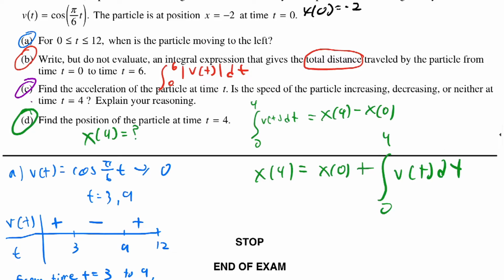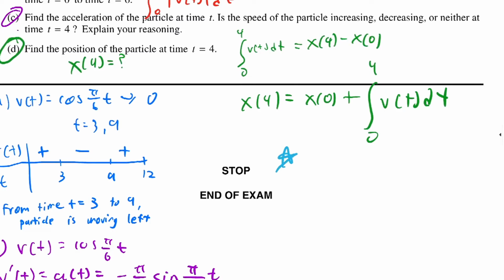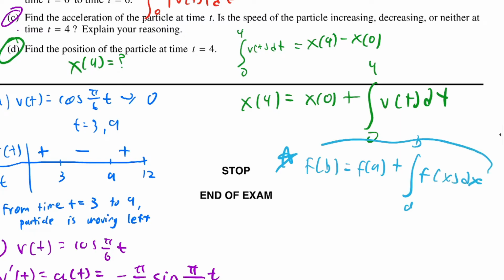And just on a side note, recall that f of b is equal to f of a plus the integral from a to b of f prime of x dx. This is FTC part 2, but it's just rewritten in a way so that you're solving for f of b, given that you know all this other stuff.